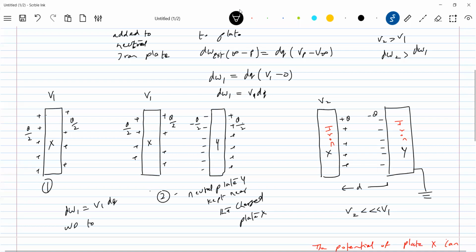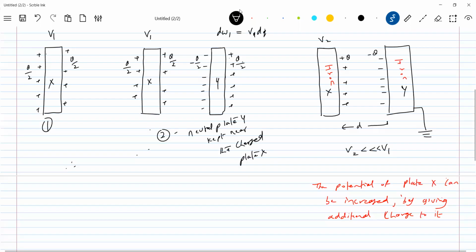I'll write it in order. The first point: work done to add charge dq to plate X in figure 1 is how much?